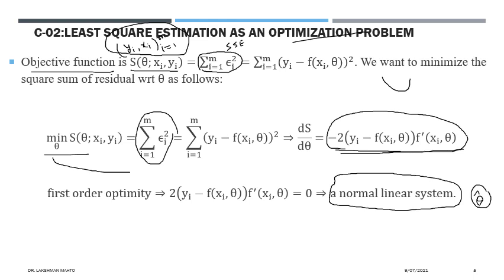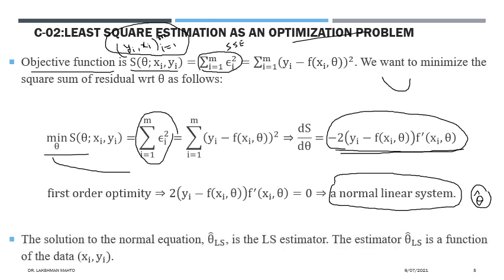That's why the solution of this normal linear equation is an estimator. The solution of this one is an estimator that we denote by theta cap LS. LS stands for least square. The method we have applied here is least square, because we define the objective function in terms of a square and we are finding the least value.